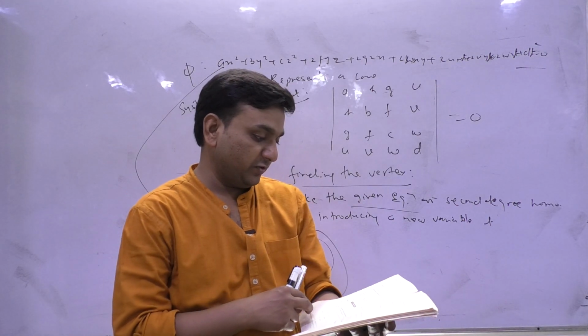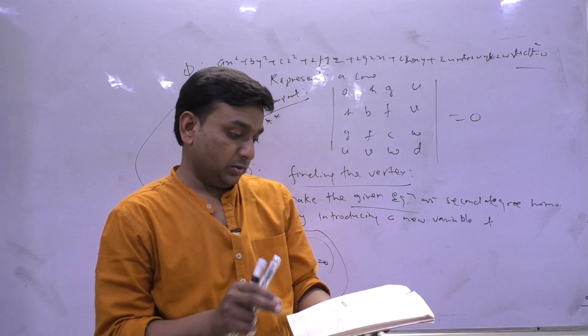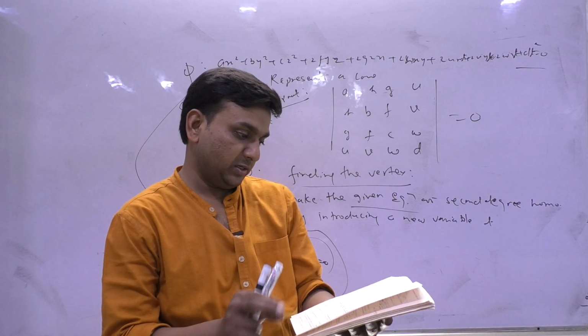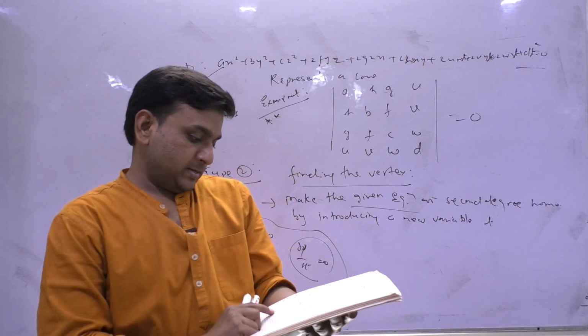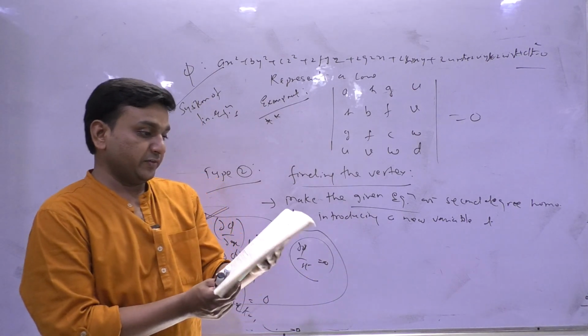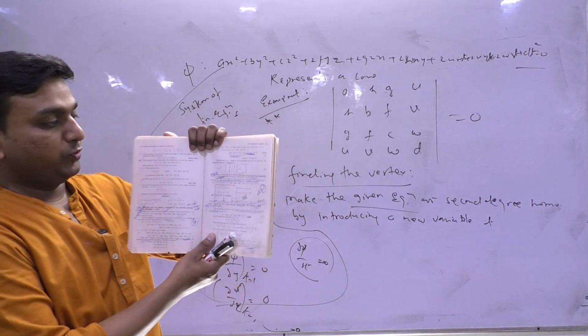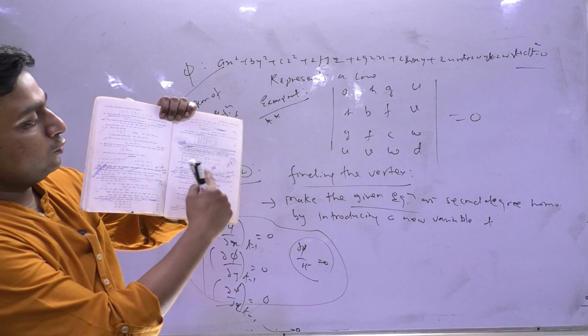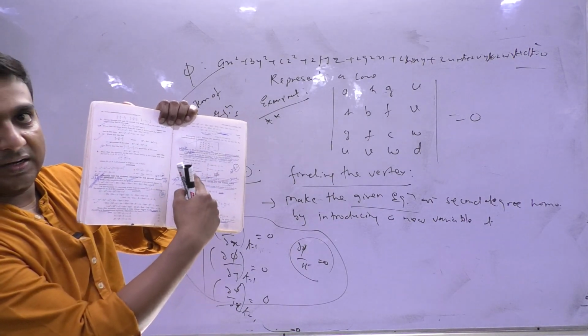For the equation of the vertex and so on, please read page number 159, the general equation of second degree. There is a note about the problem with taking t equals 1, everything is marked there.